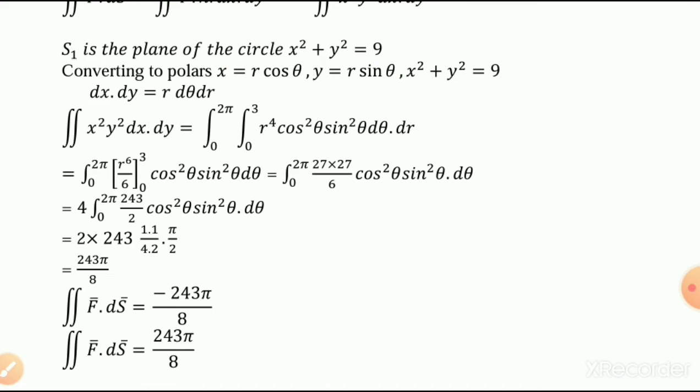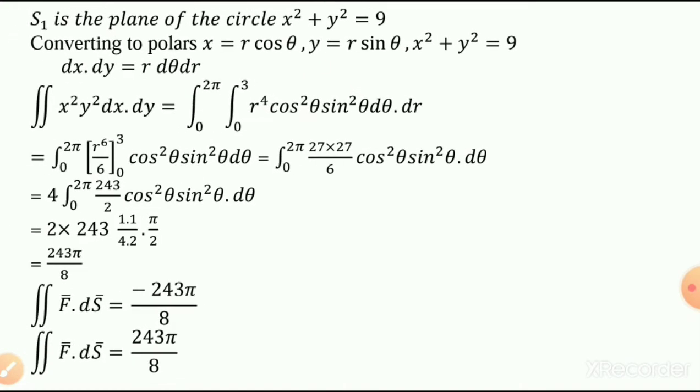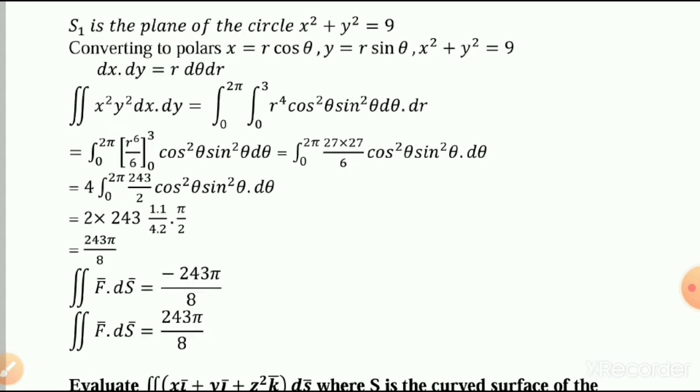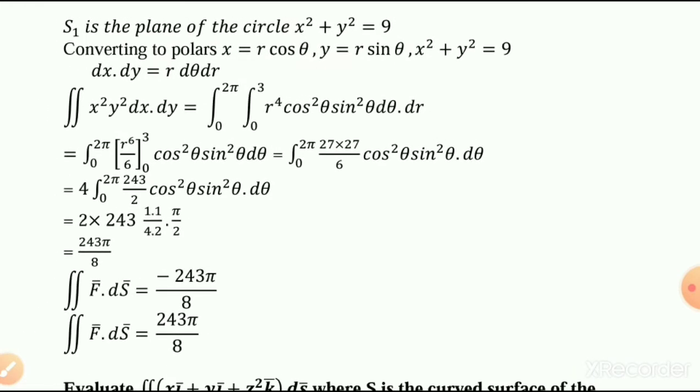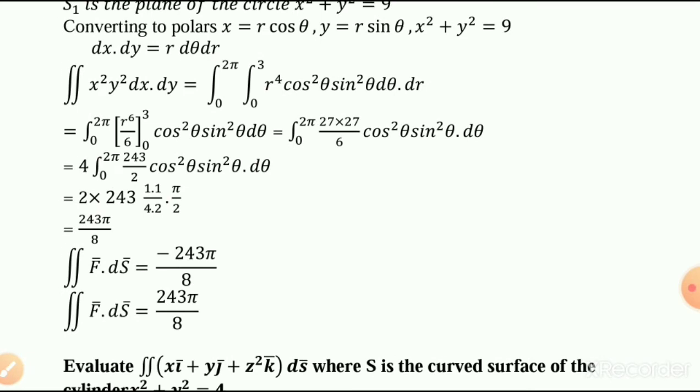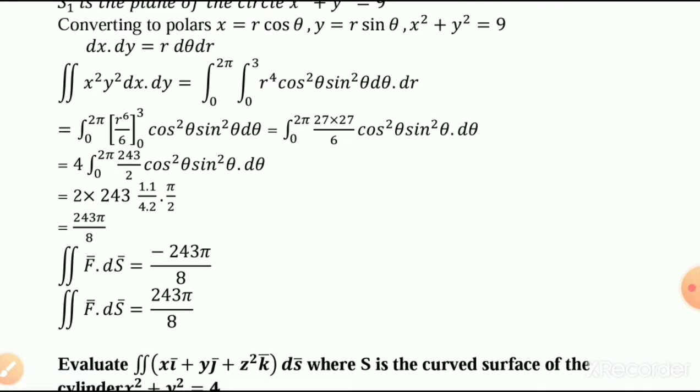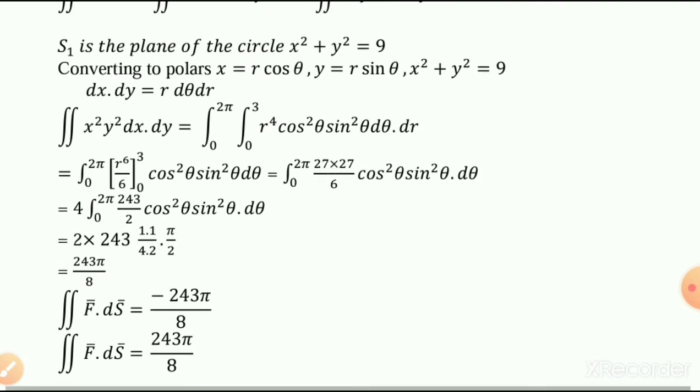Now see here, as it is a circle, the radius varies from 0 to 3, and to complete one rotation, with all four quadrants covered in the closed area, theta varies from 0 to 2 pi. Now x square y square means r square cos square theta times r square sin square theta, so r into r becomes r raised to 4, and dx dy becomes r d theta dr, so that becomes the integration from 0 to 2 pi of r raised to 5.